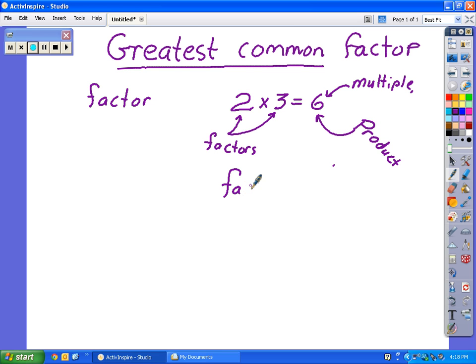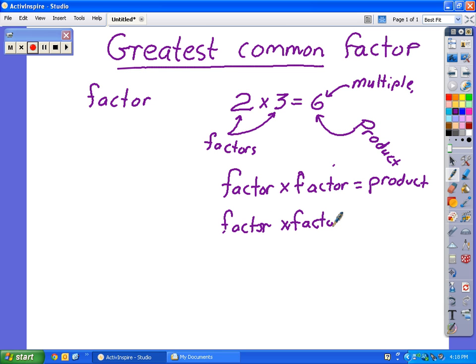So you might say a factor times a factor equals a product, or you might say a factor times a factor equals a multiple. So it's important to know what factors are before we start trying to find common factors or greatest common factors.